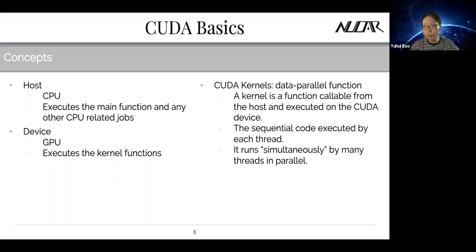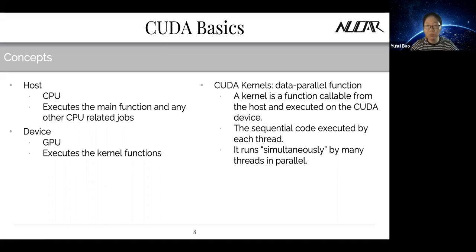When you code your applications, you have the concept of the host and the device. So you need to write two parts of code. In order for you to run things on a CUDA device, you have to write a device code, which is what we call the kernel.